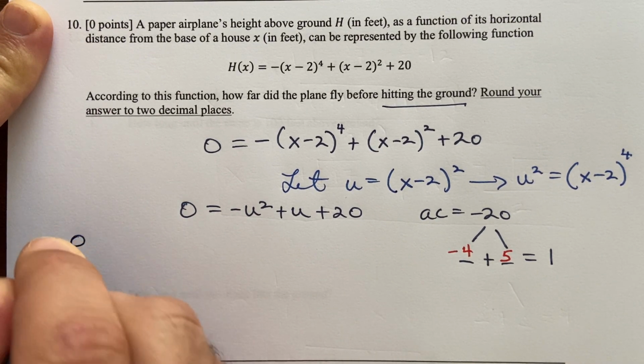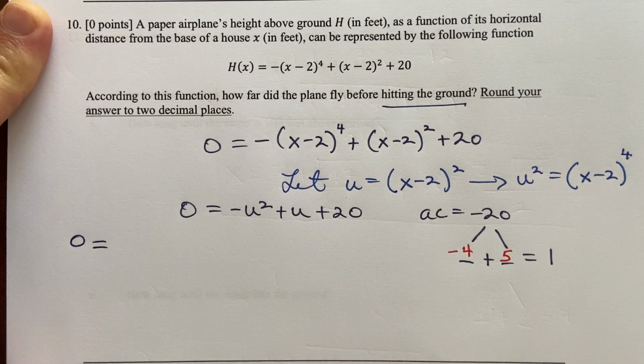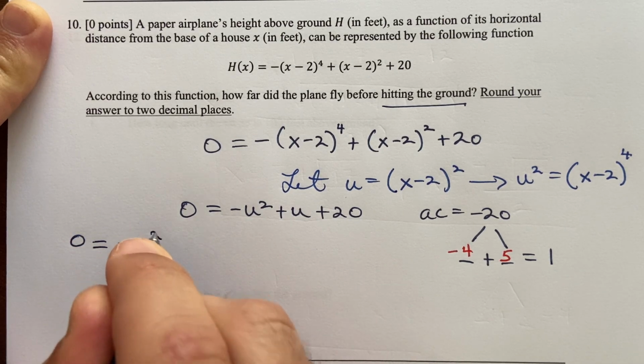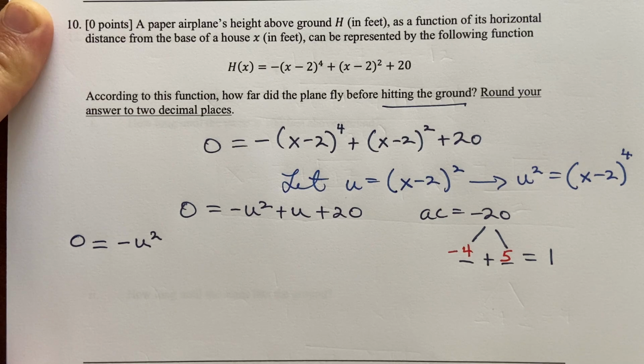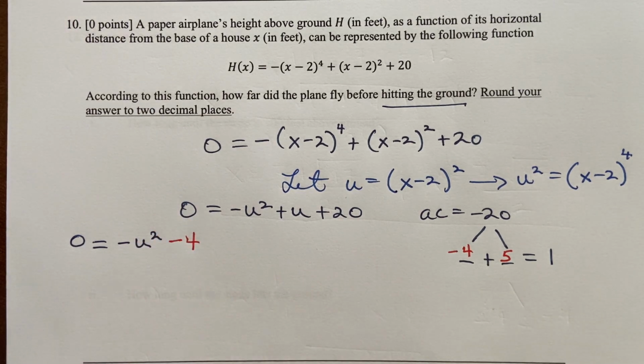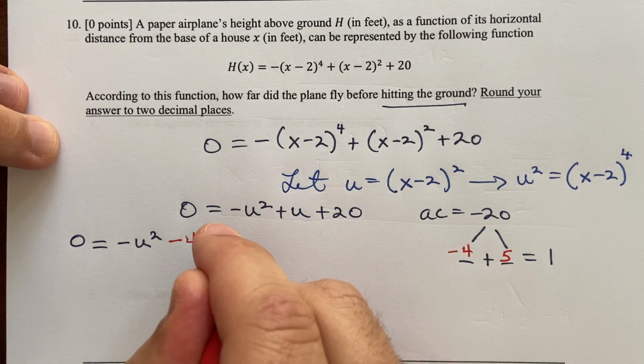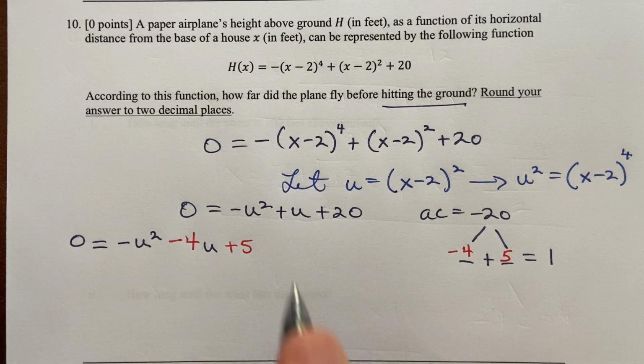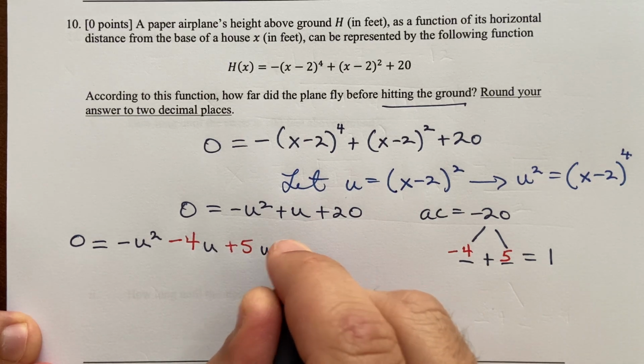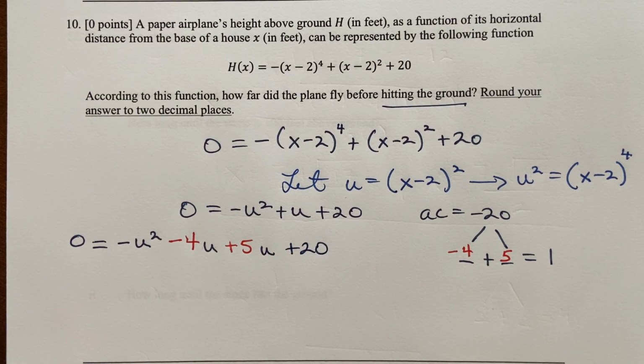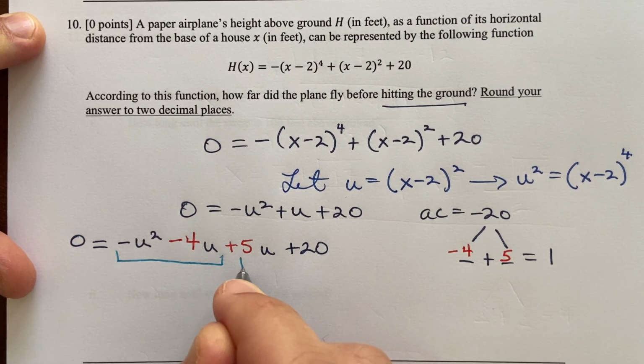So 0 equals negative u squared minus 4u plus 5u plus 20. And now factor by grouping. This group, this group.